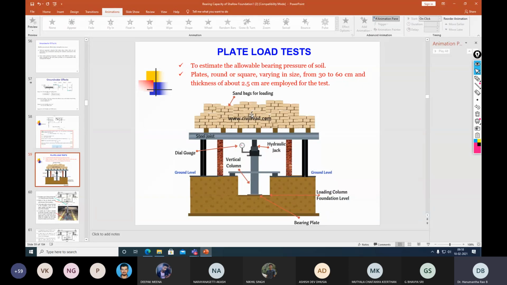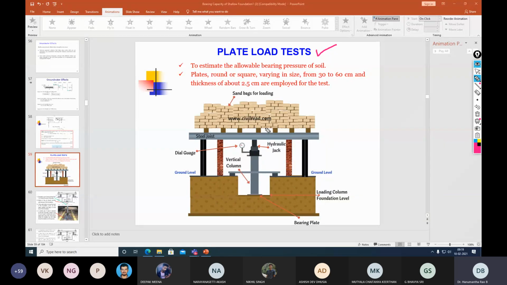But how to verify that the bearing capacity calculated based on the analytical equation is true or not? For that purpose, we need to verify the calculated bearing capacity by conducting a test called a plate load test. Plate load test. So this is one of the in situ tests that is conducted directly in the field.